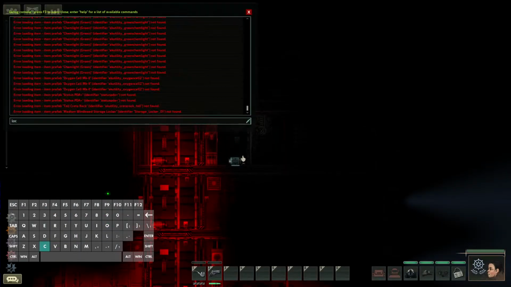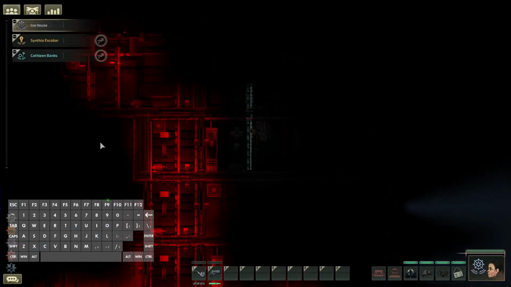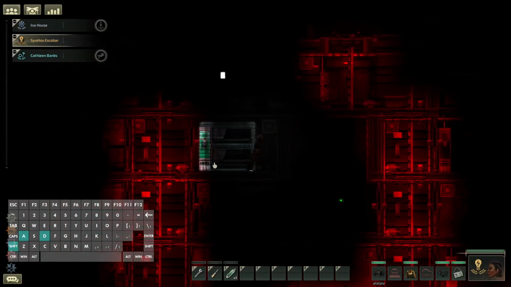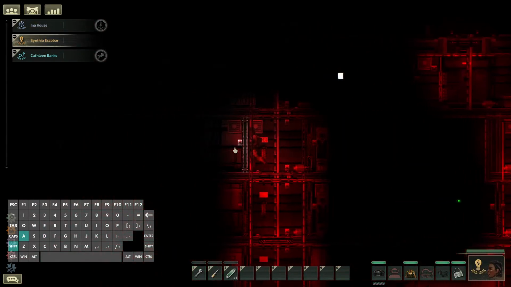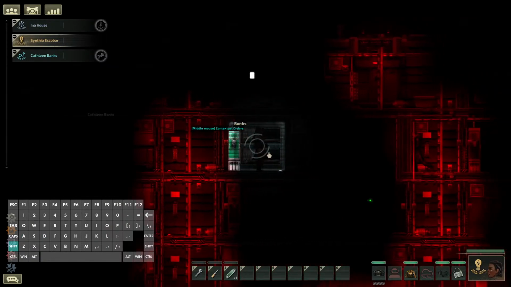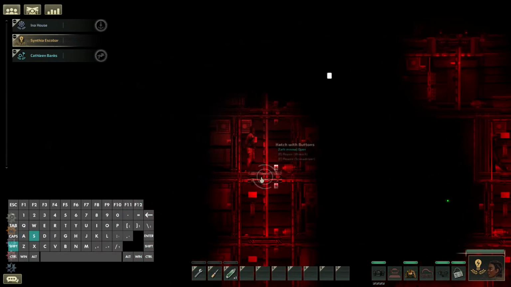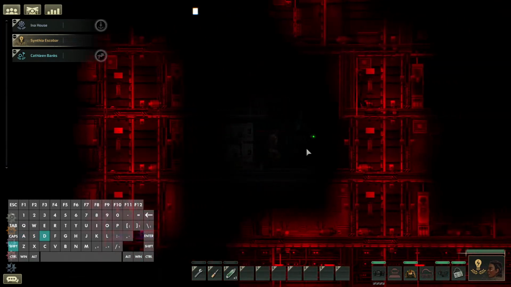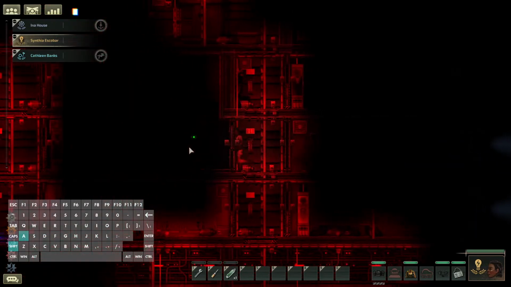Lock X, lock Y. Switch to this guy. Uh-oh, I don't even know where my reactor room is. I'm guessing it's got to be down here. Oh, it's this. Hang on.